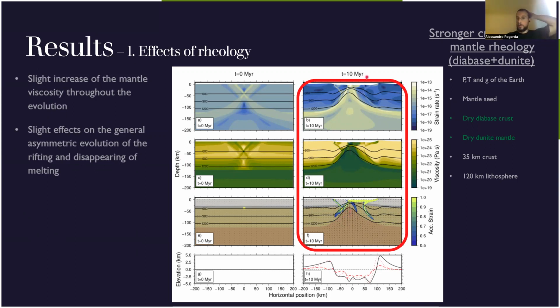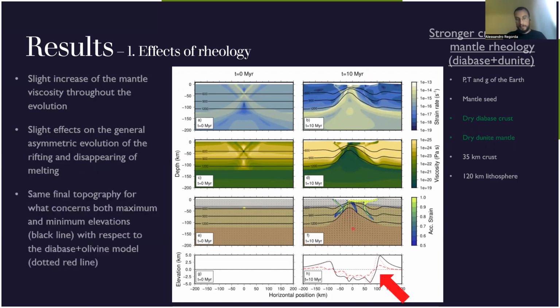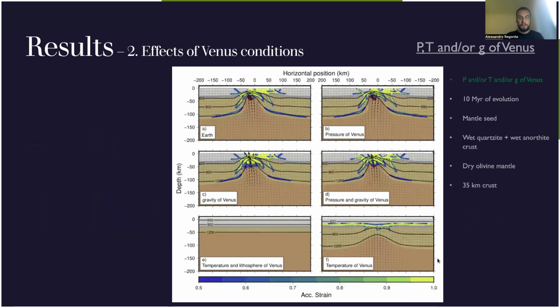However, it's just a matter of time, in maybe 2 or 3 million years of additional extension, there will be melting also in this case. And changing the mantle rheology does not affect the topography. This black line is this model, in comparison with this dotted red line for the previous model. And you can see that the topography is almost the same. So no changes in topography when we change the rheology of the mantle.